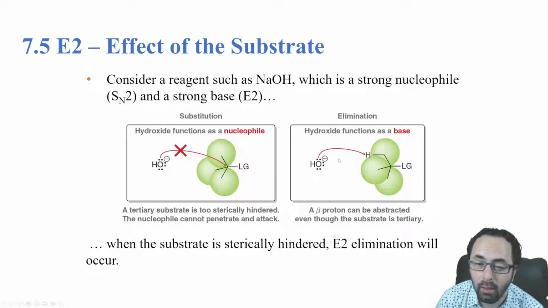The substrate will really affect whether elimination or substitution occurs. So now we have two factors we're considering: whether the nucleophile is a strong base as well, and whether the substrate is primary, secondary, or tertiary.